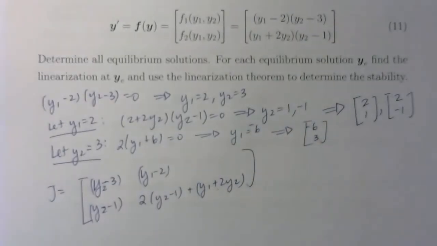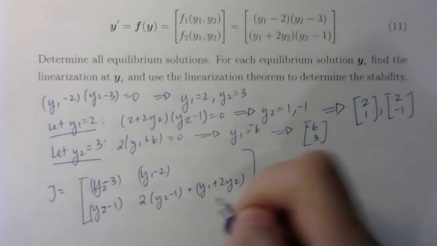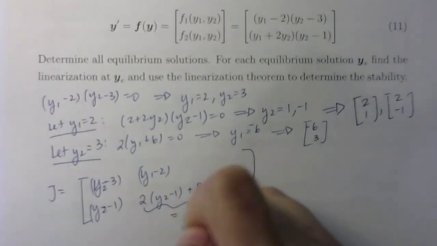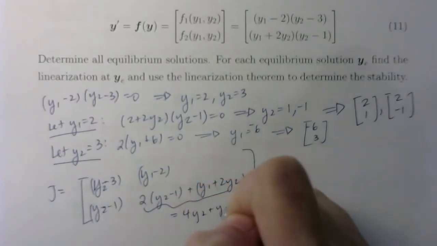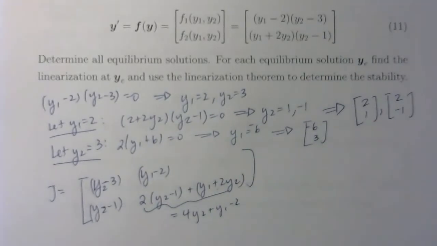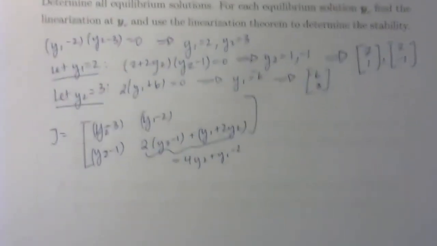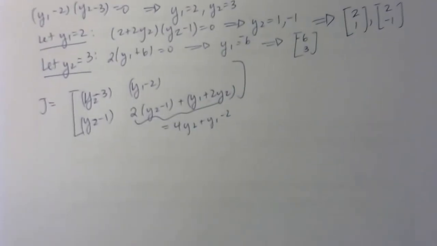Isn't that right? 4y2 plus y1 minus 2. Yeah, that looks fine. In fact, I can write this out a little simpler if we want. I said 4y2 plus y1 minus 2. Okay, that looks good. So for each equilibrium, let's write the linear system and see what we get.